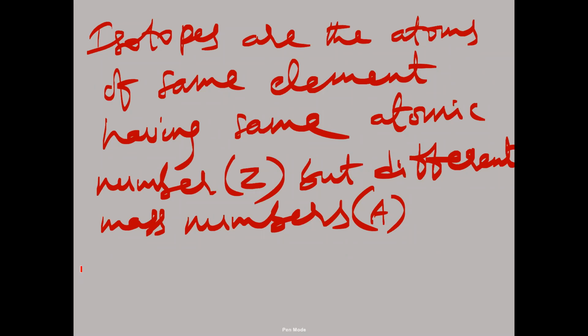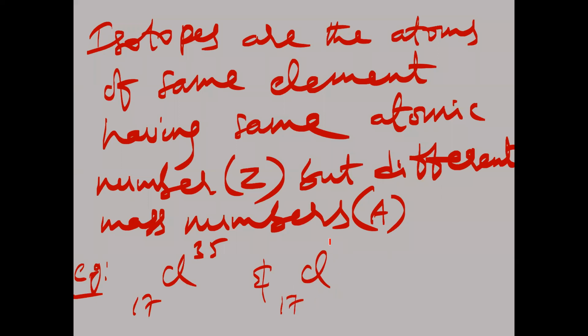Now one more example we can take. Cl 17 35 and Cl 17 37 are what? Isotopes.